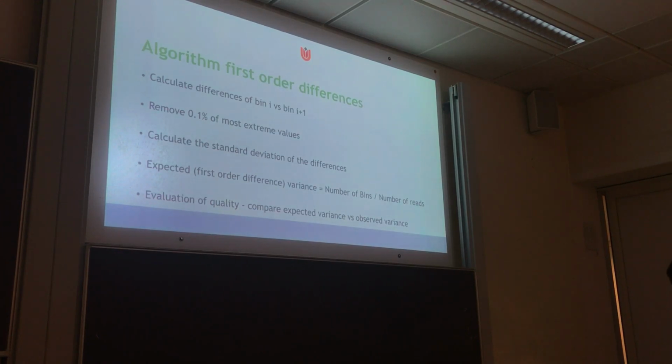Now calculate the standard deviation of the differences, and then there's a mathematical formula for the expected variance, which is simply the number of bins divided by the number of reads. So if you have more reads, you have a lower expected variance. We compare the observed variance, the one we calculate for the real profiles, with the expected variance, and that's a measure of the DNA quality.